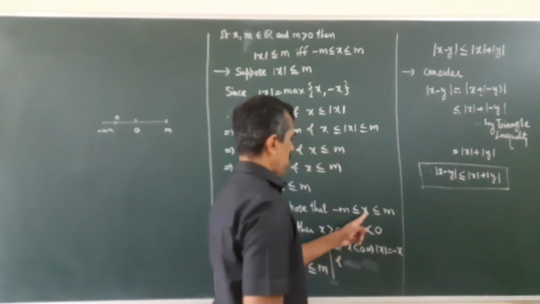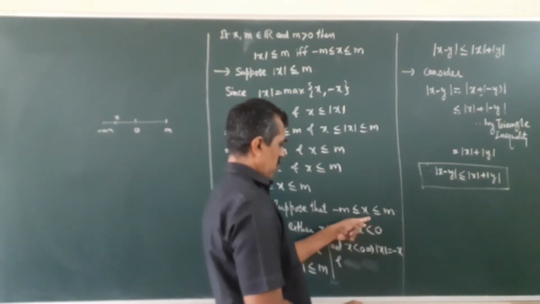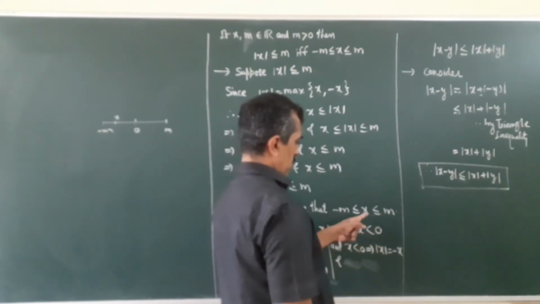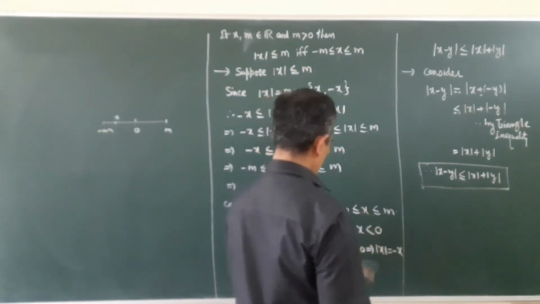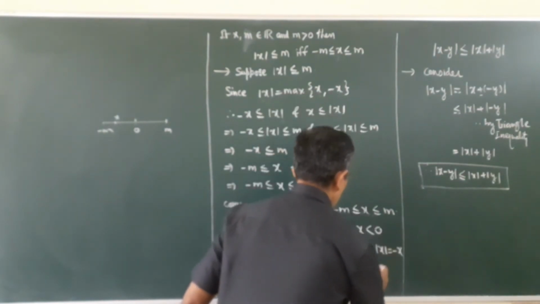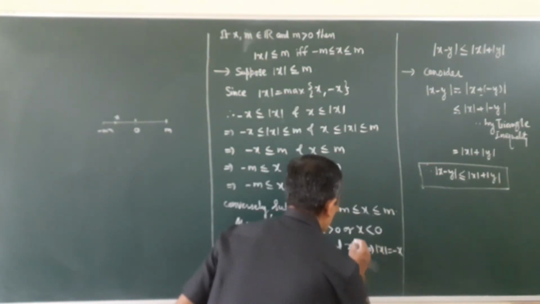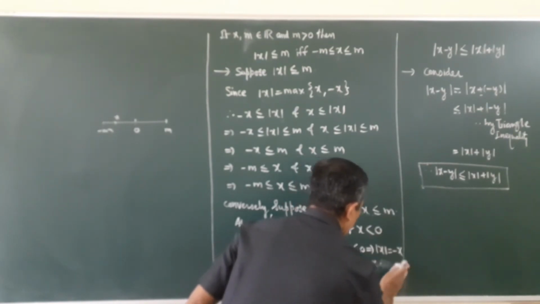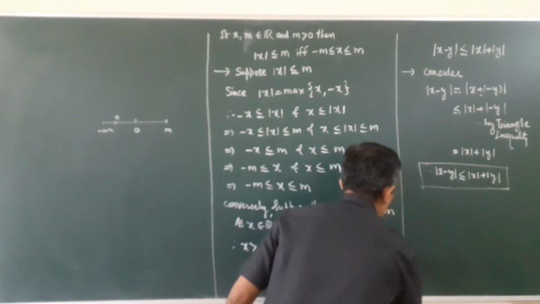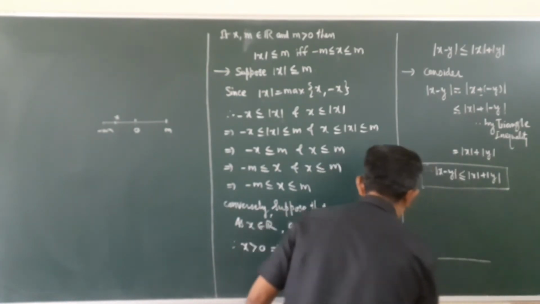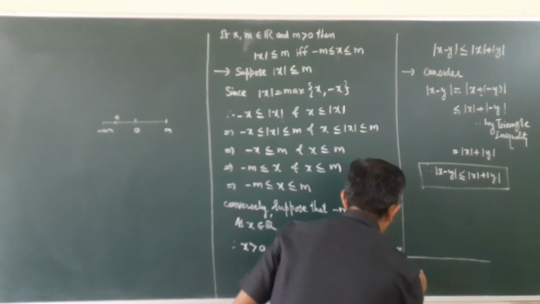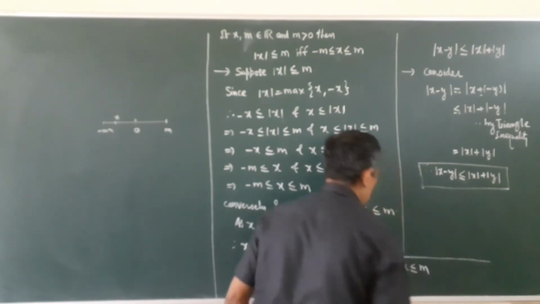I want to deal with the minus sign now. Therefore, minus m less than or equal to x implies minus x less than or equal to m.